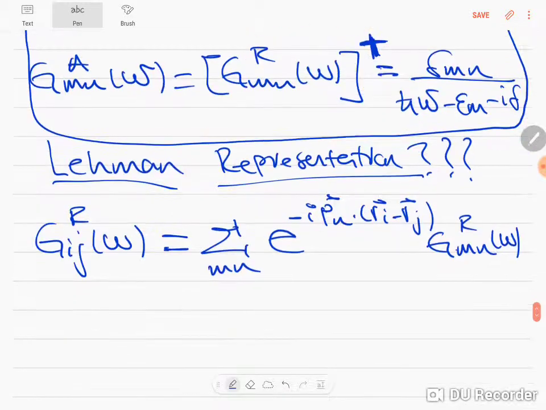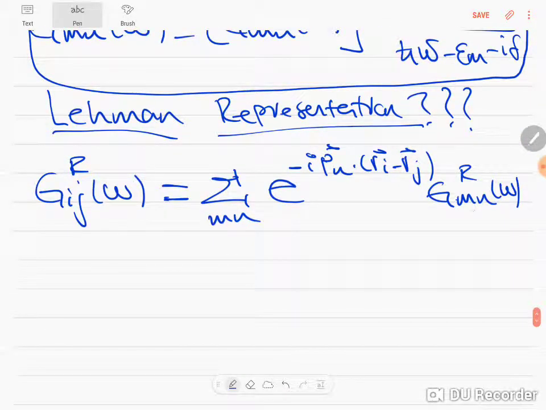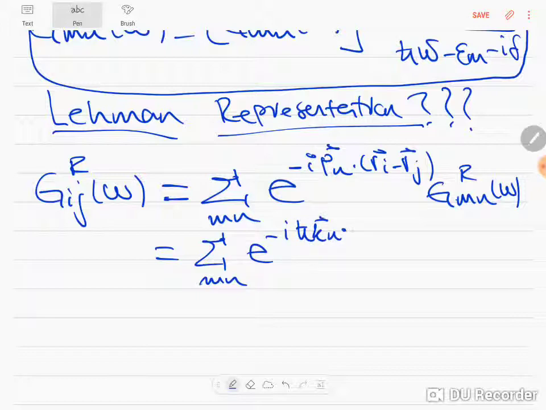Since we know by the delta_mn that this is a diagonal Green's function, we include the delta like this, and then we split this in the following way. We know that the momentum is equal to h bar k, so we write e to the minus i h bar k_n dot r_i times e to the i h bar k_n dot r_j, times G_mm retarded of omega times delta_mn.